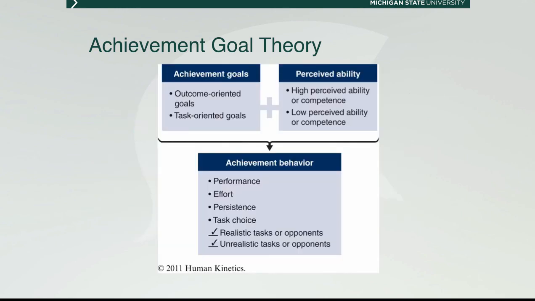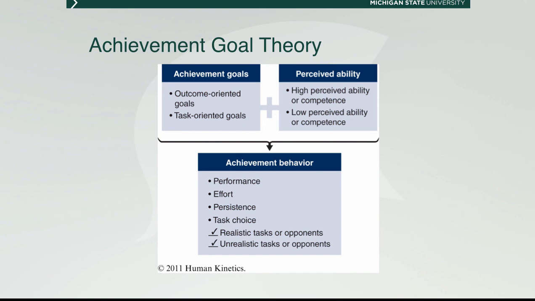So here is another element of achievement goal theory. We can kind of think of how achievement goals and perceived ability interact. The book talks about this a little bit. Usually achievement goals, we're not going to talk too much about the social element, okay? In that we don't talk a lot about social affiliation. It's really focused on outcome goals and competitiveness, and then this idea of being task-oriented or mastery-oriented.